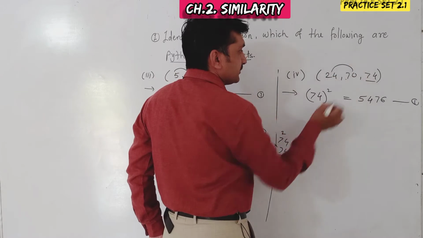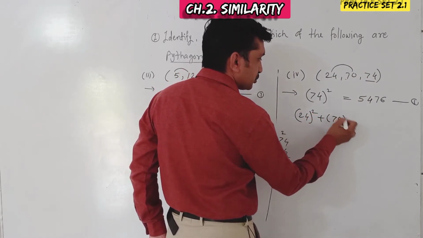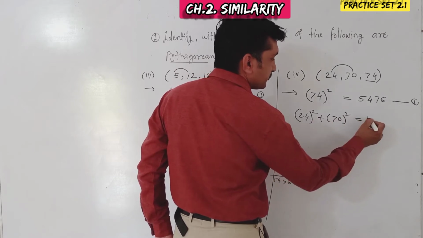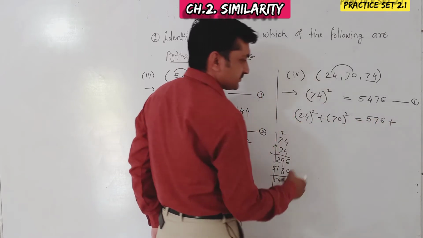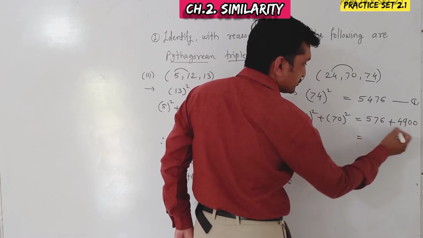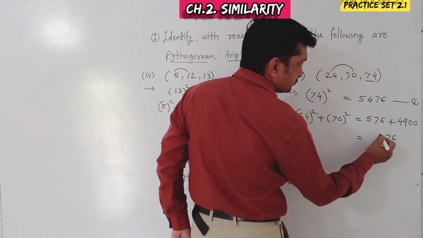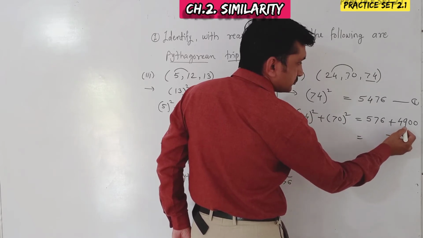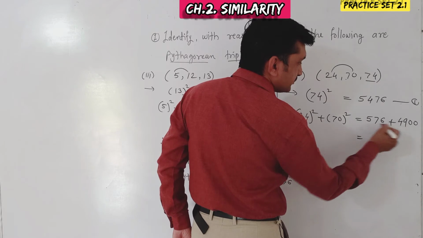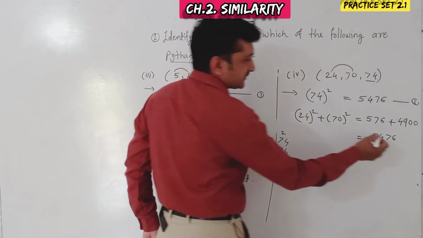Now the remaining two are these two. 24 square plus 70 square is equal to 24 square 576 plus the square of this, 7 7s are 49, 00. Then addition here, 76 as it is, 9 plus 5 is 14, 1 5 5 4 7 6, number 2.